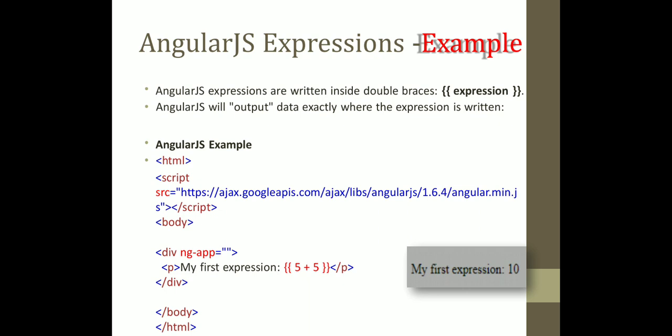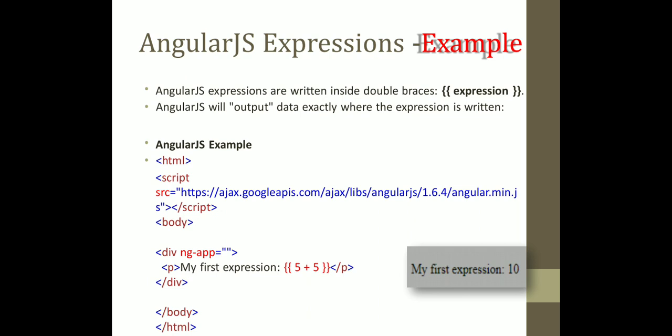So the output will be exactly where the expression is written, and I have got that output. After closing all the remaining tags, that is div, body and html, we'll get the output at the expression's place, where the expression is written.